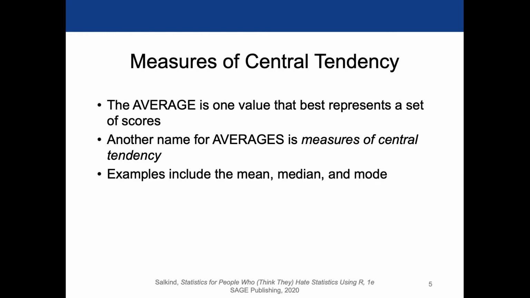These are averages that best represent a set of scores. So in the social sciences and in the physical sciences, if we have a variable, this means that we have some characteristic that we're looking at that varies.